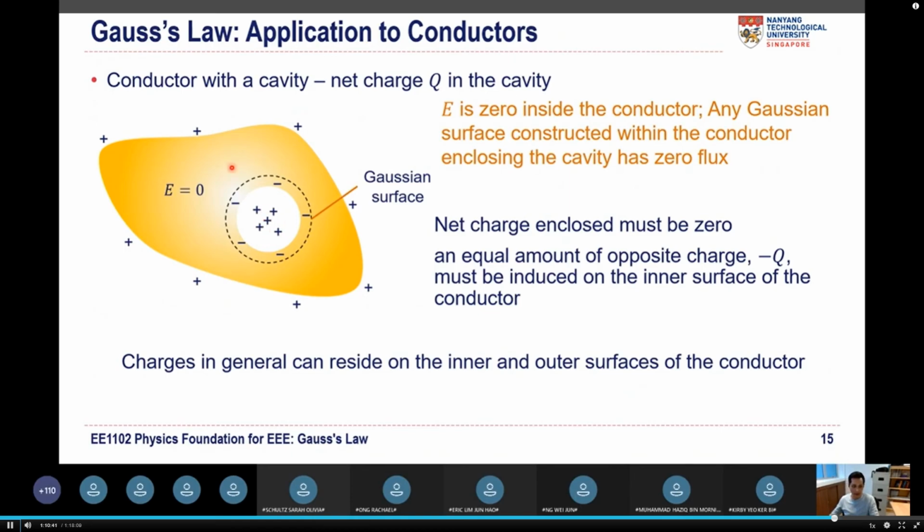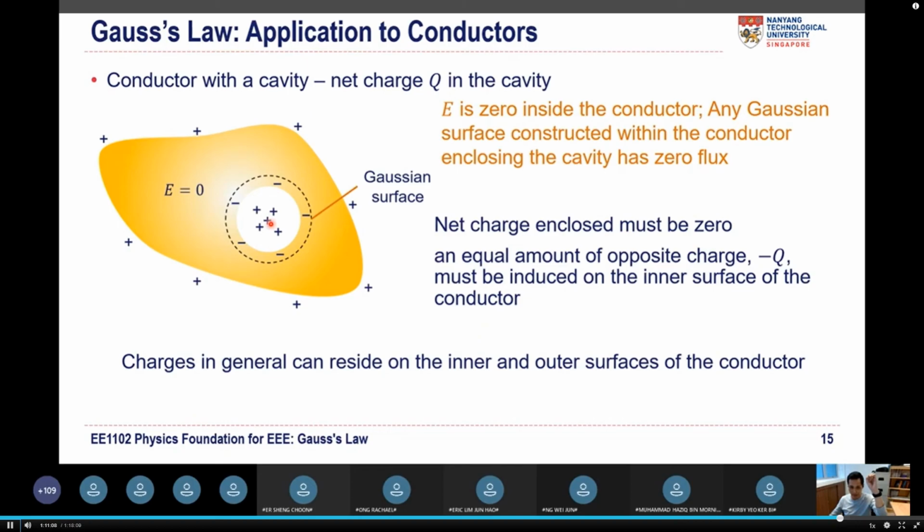That means we have to have some charge accumulating on the inner surface of this conductor, around the cavity, in order to create a net zero charge. Because the flux through the Gaussian surface is 0, we must have 0 net charge enclosed inside of it.